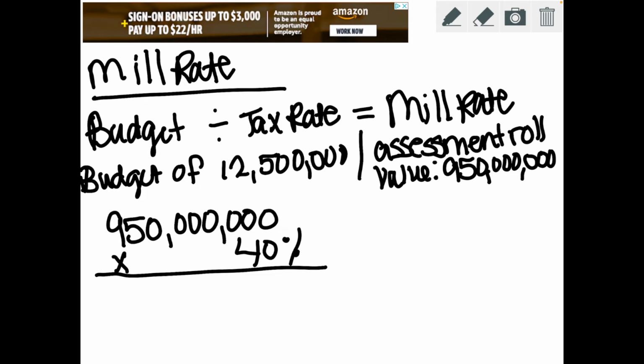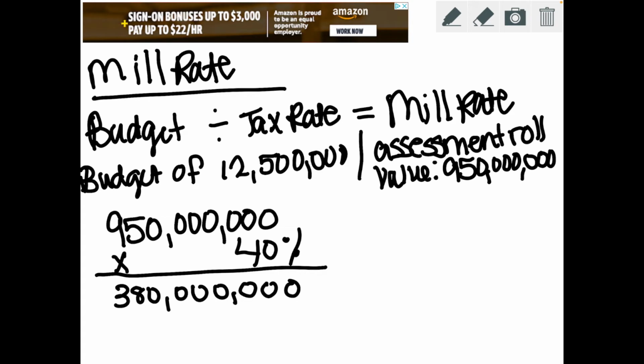So I take that 950 million and I multiply by 40%. That is going to give me a total of 380 million.